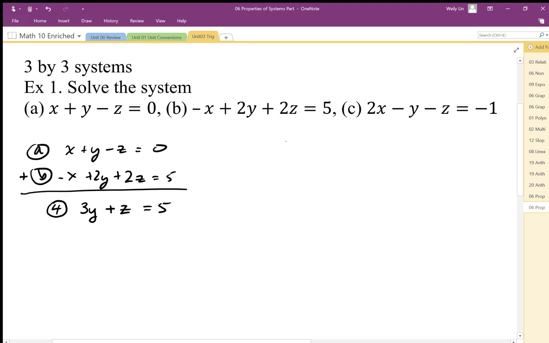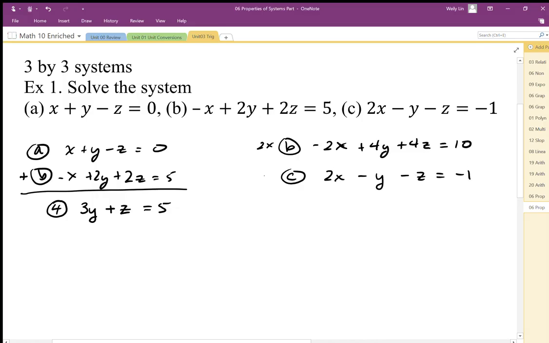And we'll do the same thing with equation B. I'm going to do 2 times equation B, and in doing so, I'm going to match the coefficients on the x. I just have to be careful to keep track of all the coefficients, that I've doubled all the coefficients in B. And if I take equation C, 2x minus y minus z equals negative 1, and add these two equations together, I'm going to come up with a fifth equation that's different than the others.